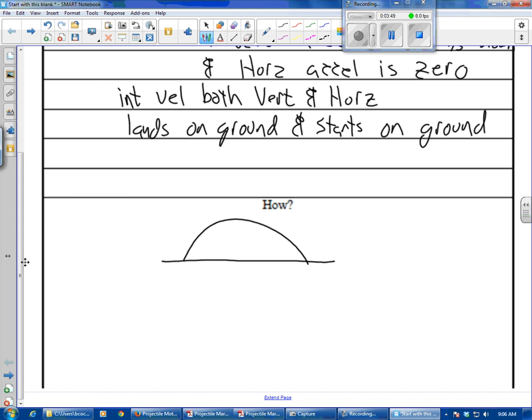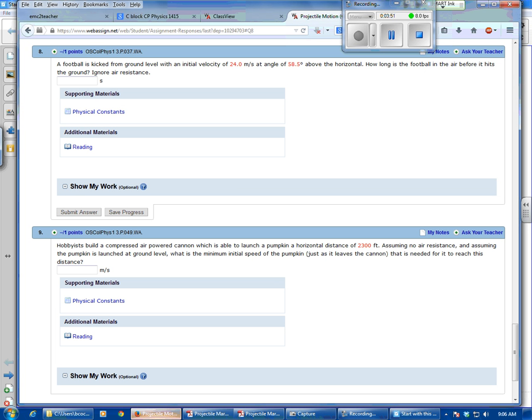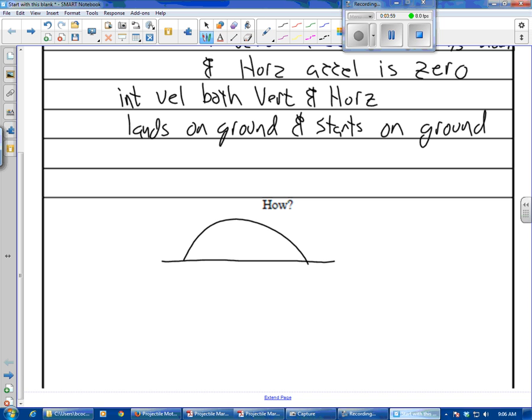Let's see, what else do they tell me? Lands at ground level, and they want to know how long it is in the air. So if I take a tiny little snapshot of right here and blow that up into a bigger picture, that initial velocity is in that direction.